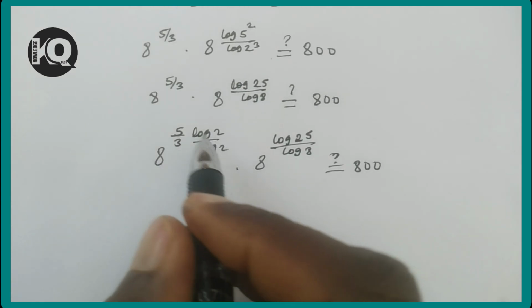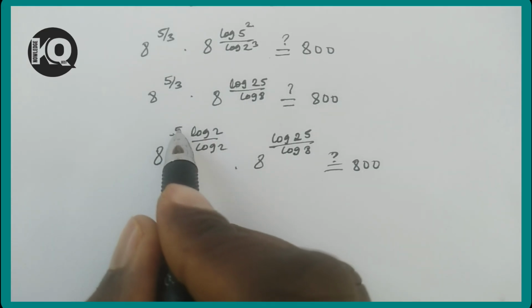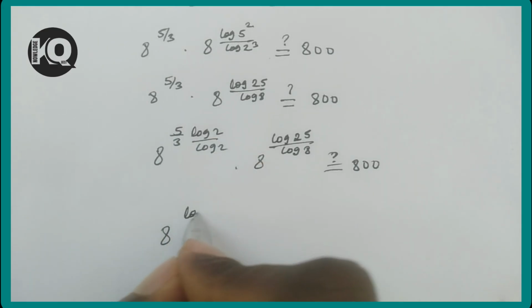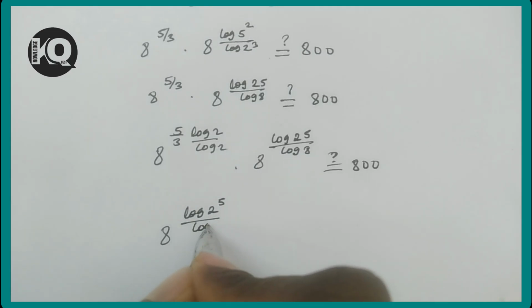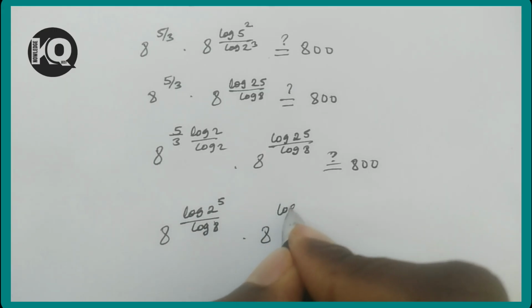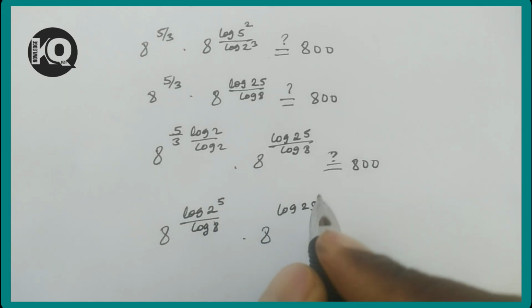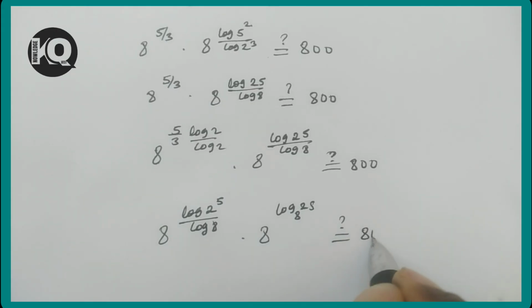We can take this base into the exponent: log of 2 to the power of 5 over log of 8 times 8 to the power of log of 25 to the base 8.